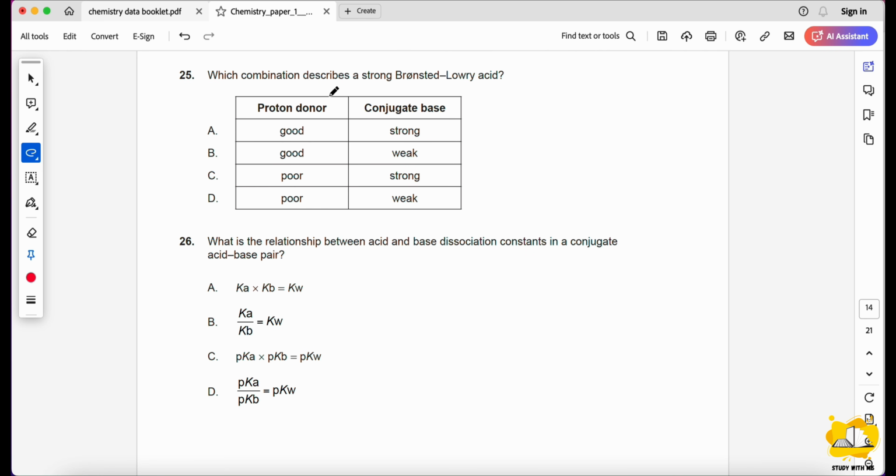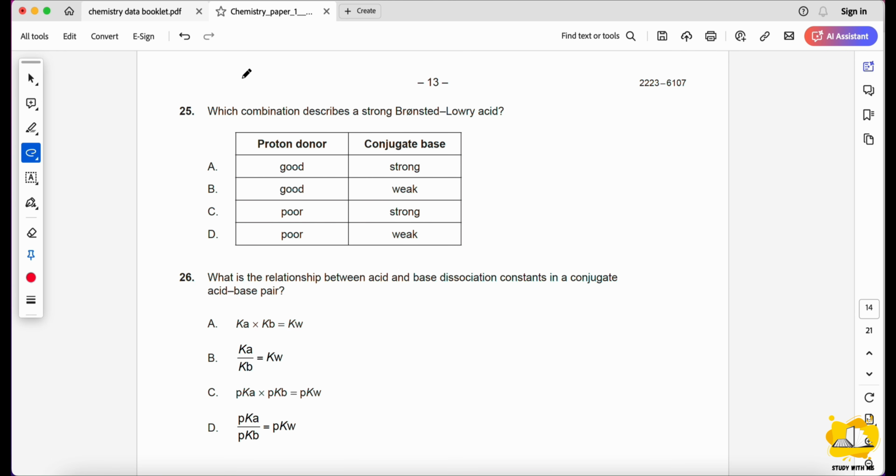Which combination describes a strong Bronsted-Lowry acid? Bronsted-Lowry is all about the proton, which is H+. An acid is a proton donor, and a base is a proton acceptor.